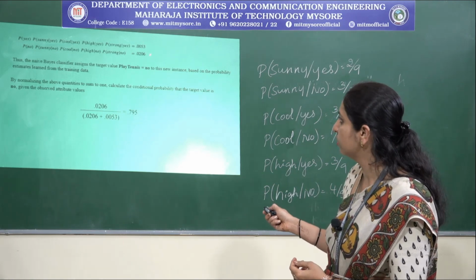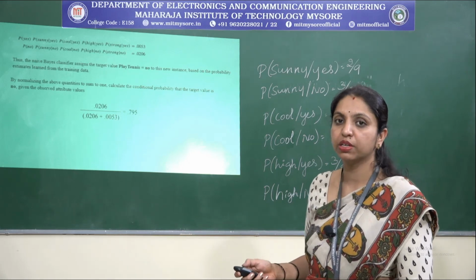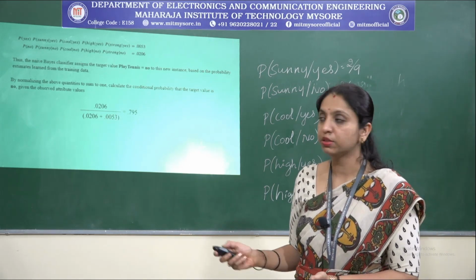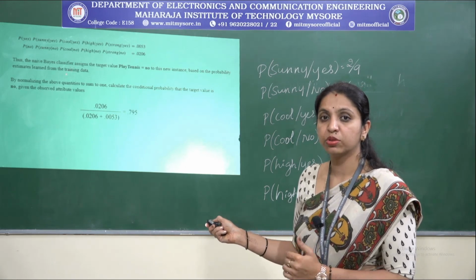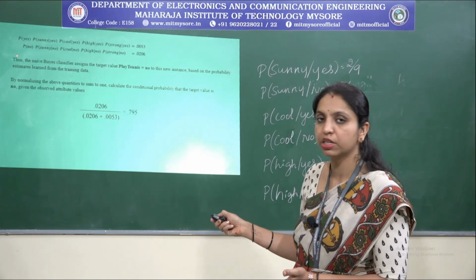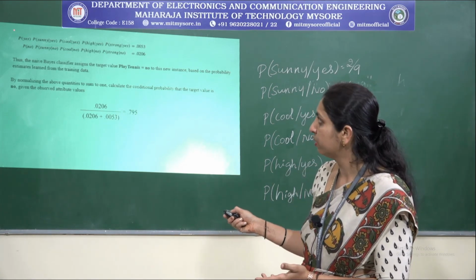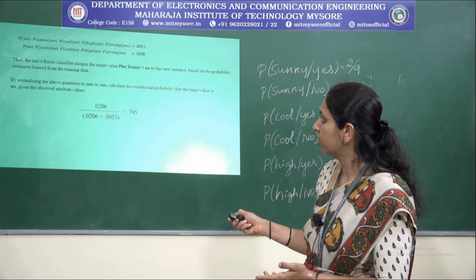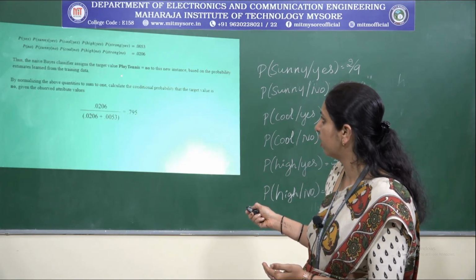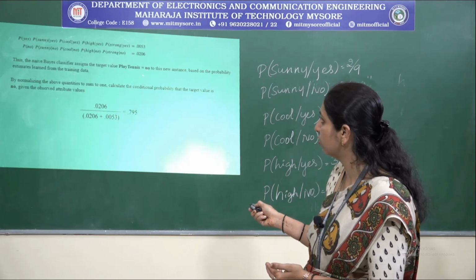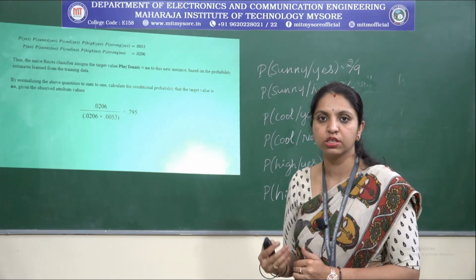After calculating these two values, we need to classify the new instance based on them. We have calculated a posterior probability for both yes as well as no. Thus the naive Bayes classifier assigns the target value PlayTennis equal to no. Why is it predicting the new instance as no?